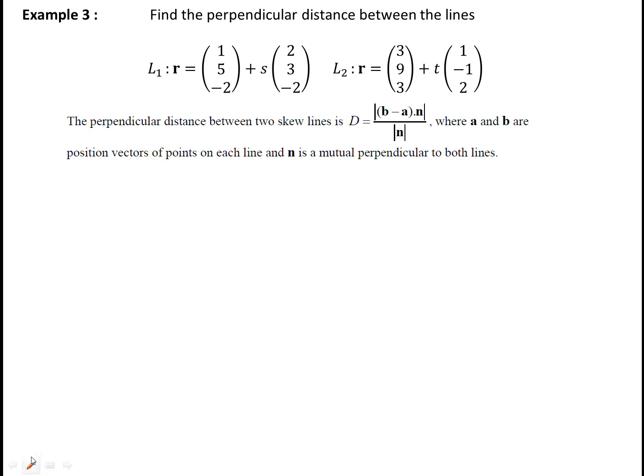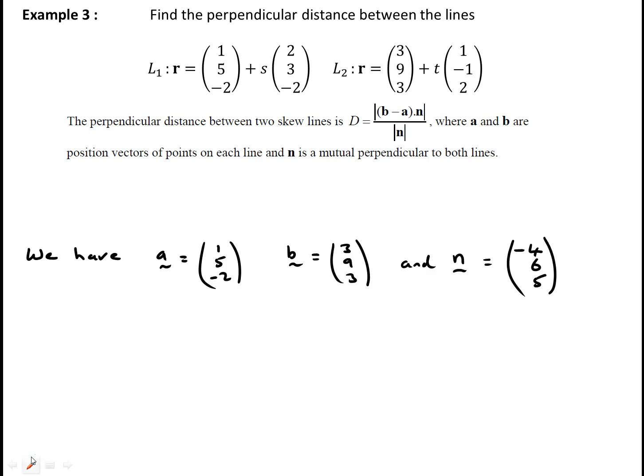Now, little a is the position vector of the known point on the first line. So that's (1, 5, -2). Little b is the position vector of the known point on the second line.